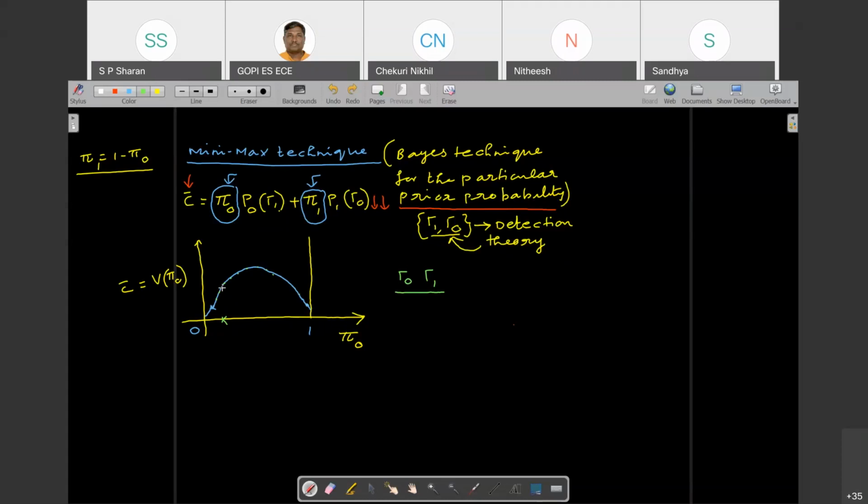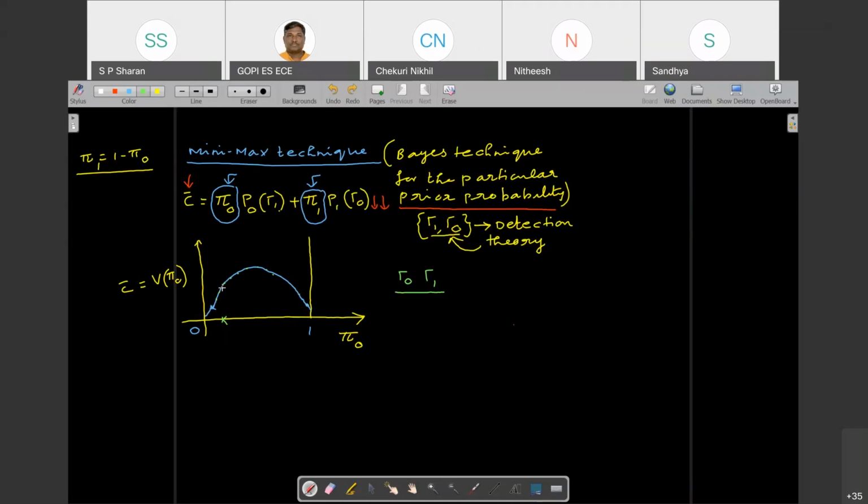So your C bar in this expression now has some arbitrary function p here and a constant. In case of pi 1, I'm writing 1 minus p, and this constant is k2. Remember that what I'm doing in this expression is fixing this value P naught of gamma 1 with some constant k1 and P1 of gamma naught with some constant k2.